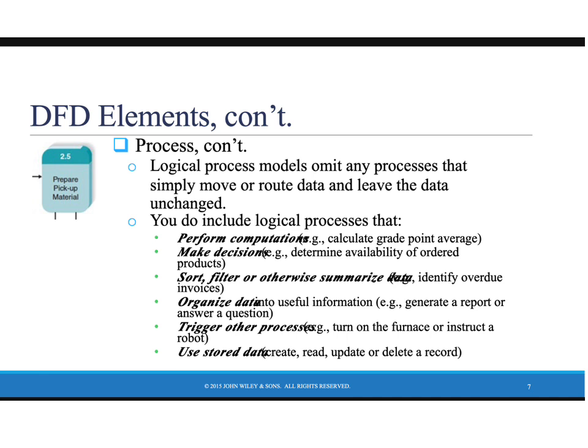You include logical processes that can perform a computation, make a decision, maybe to compute a grade, to sort a file, to organize it. So it must be doing something, or something that triggers another process. That is what you represent as a process.